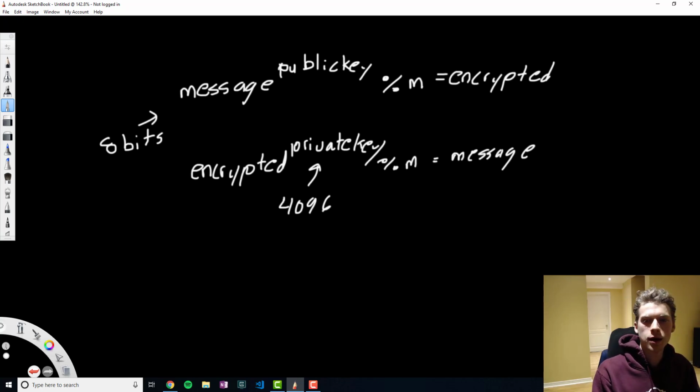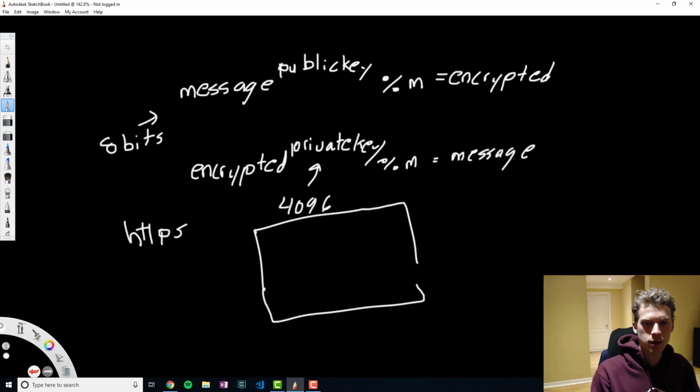The last thing I'd like to talk about is SSL certificates. And so whenever you visit a web page via HTTPS, you will get a certificate. And what is contained in the certificate is, 1, the public key.